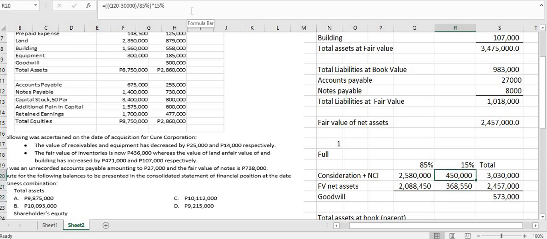We can say that the assumed fair value of the non-controlling interest is valid since it is greater than the proportionate share of the non-controlling interest in the fair value of net assets of the subsidiary.